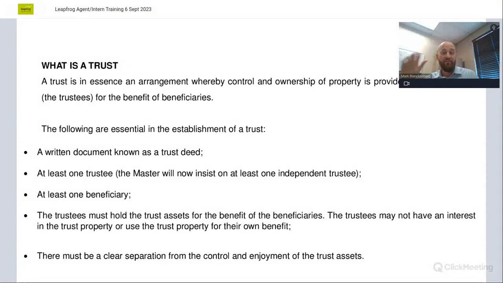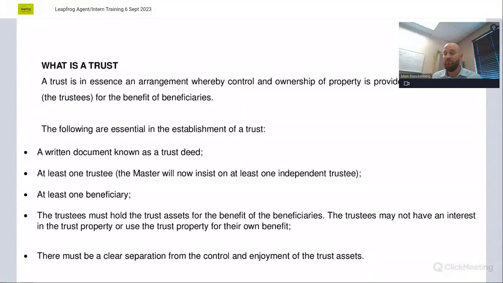In the Trust Act, there isn't really much regulation as to what needs to be in there. For companies, you can't form new close corporations, but you can form new companies, and how you form them is very highly regulated in the Companies Act. For the Trust Act, it doesn't go into much regulation about what needs to be in your trust deed, so it gives you a lot more freedom as to how you want to set up your trust.